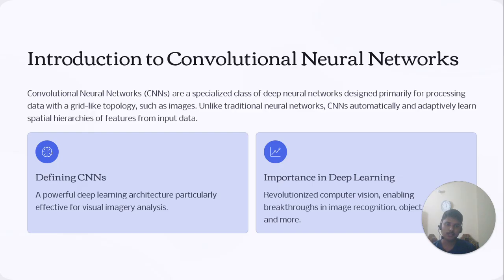Unlike traditional neural networks, CNNs automatically learn spatial hierarchies such as edges, textures, parts, and whole objects directly from pixels, which makes them particularly effective for visual imagery analysis. CNNs have transformed computer vision, driving breakthroughs in image recognition, object detection, and many other tasks.